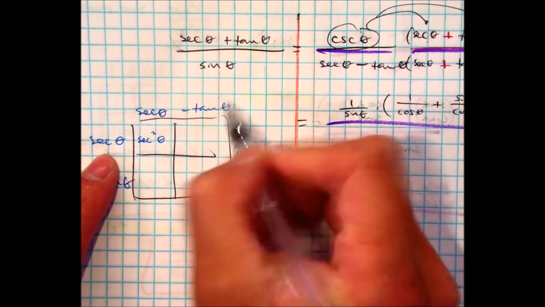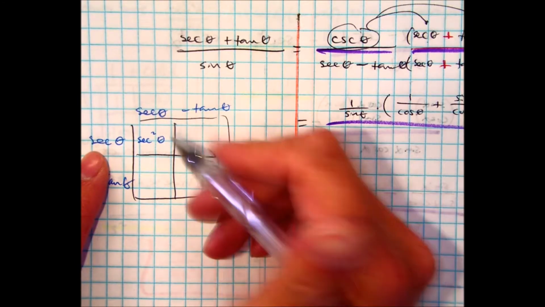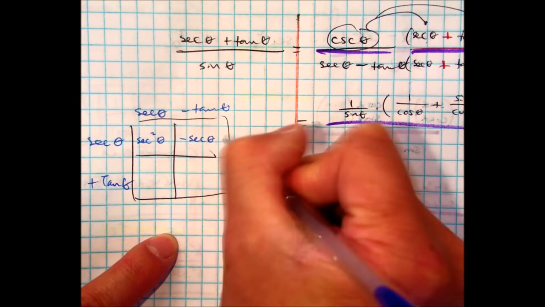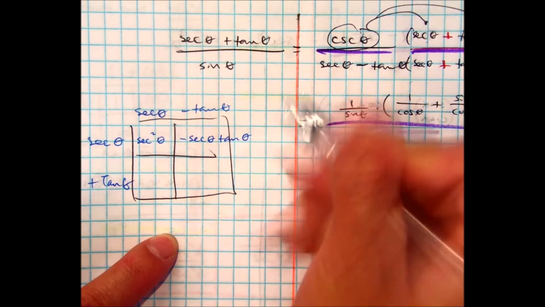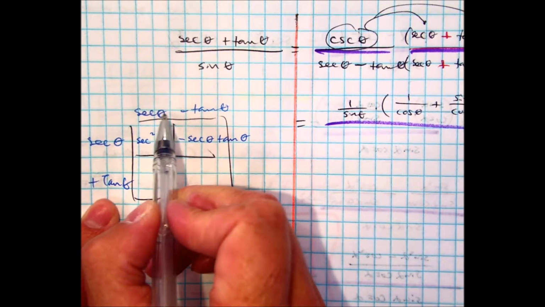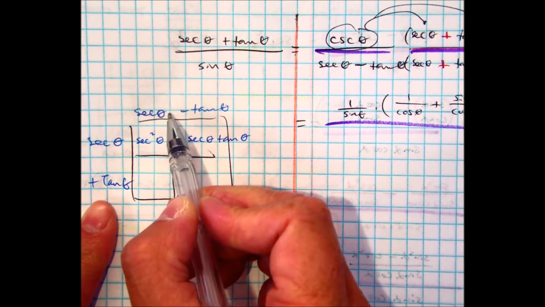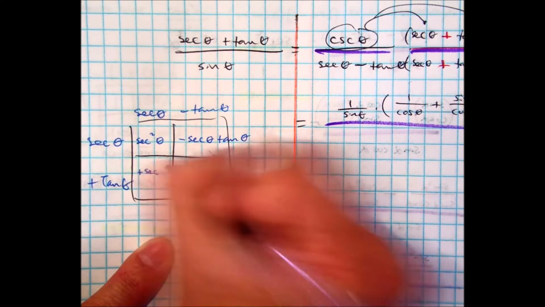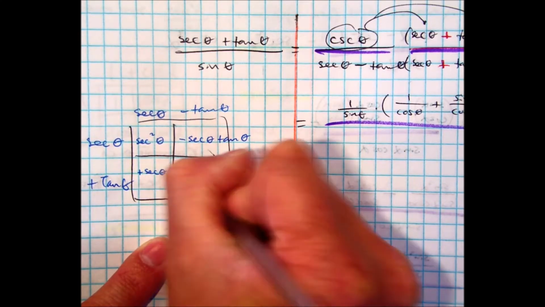Squared. Positive secant times a negative tangent. It doesn't matter which trig function you put first. What does this become? Secant tangent. It's just a positive of the expression.